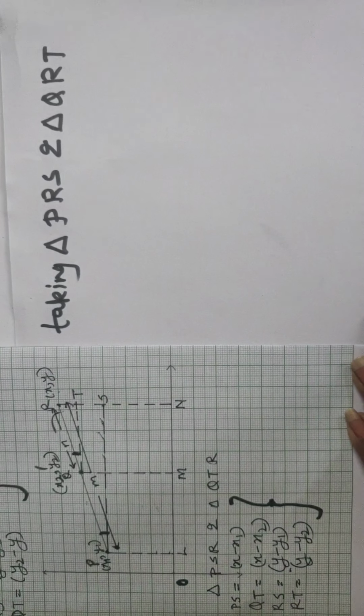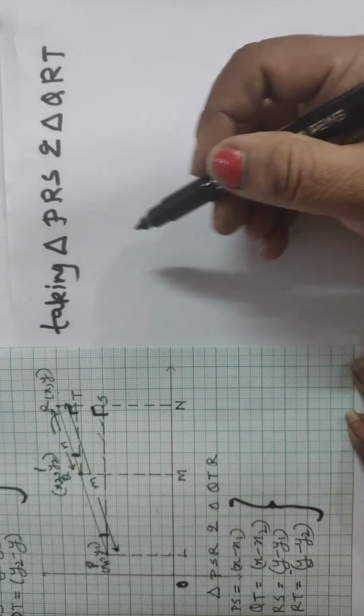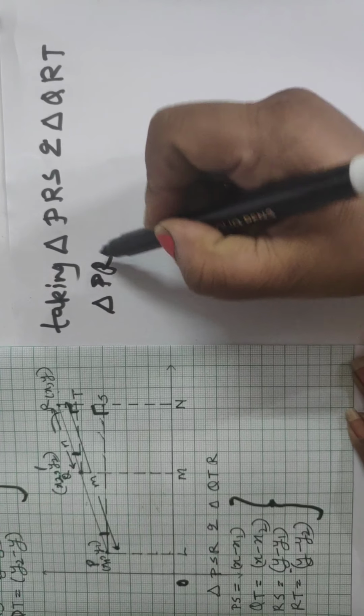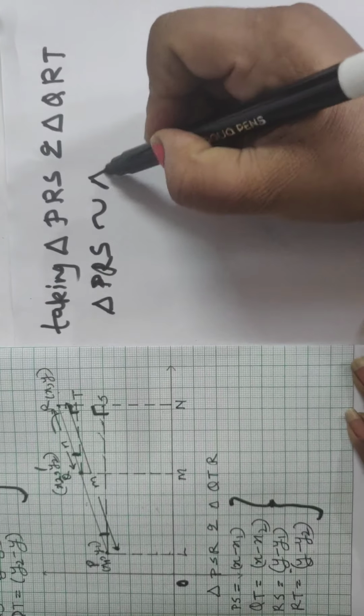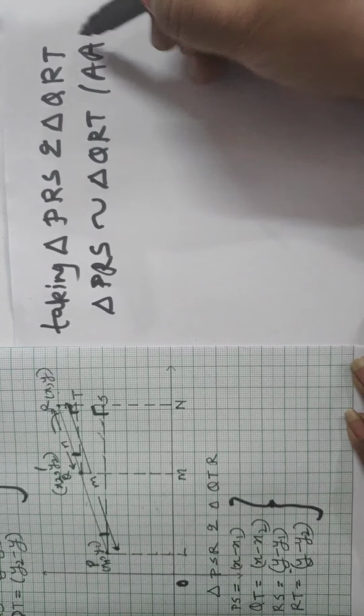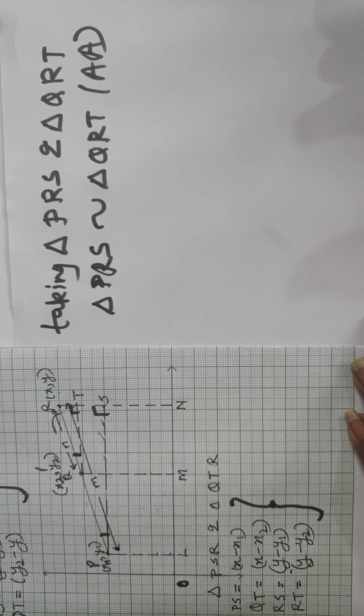So this angle is equal to this angle, and this is 90 degrees and this is 90 degrees. So hence triangle PRS is similar to triangle QRT by the AA similarity rule. When two angles are equal, definitely the third angle will be equal by the angle sum property.